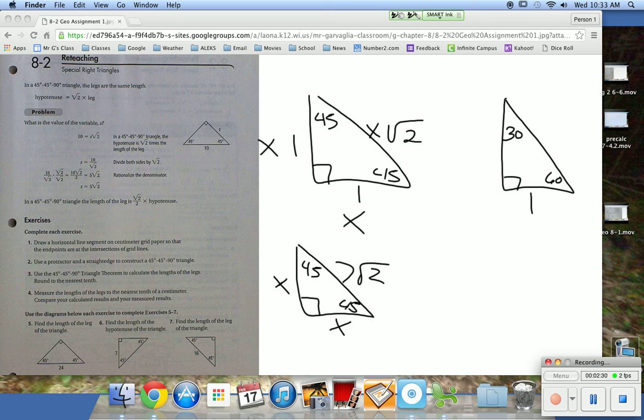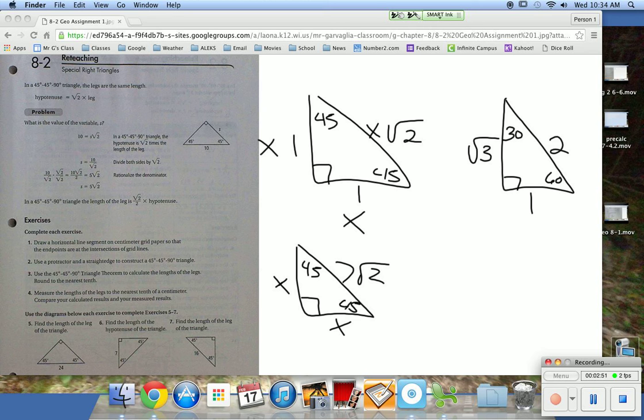Then we go to the hypotenuse. That's a 2. And then the third leg, or the second side of the leg, is square root of 3. So we go the smallest side to the hypotenuse to the other leg: 1, 2, square root of 3.